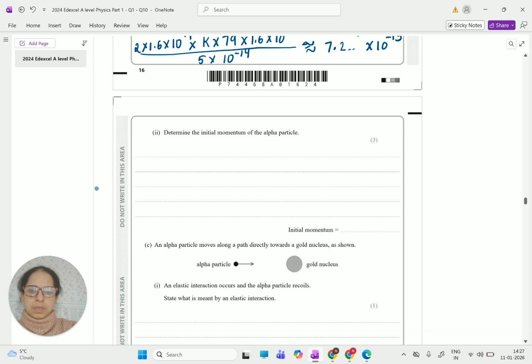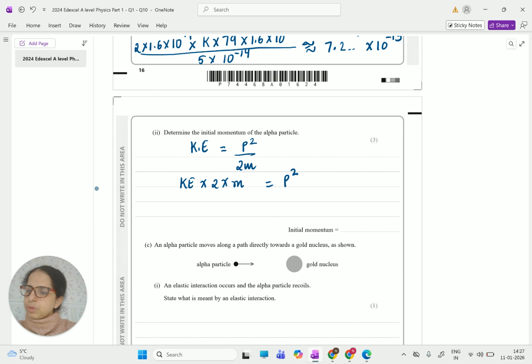Determine the initial momentum of the alpha particle. You do have the initial kinetic energy, so you can use this formula: kinetic energy equals p squared over 2m. So you multiply kinetic energy by 2 and the mass of the alpha particle, which equals p squared.